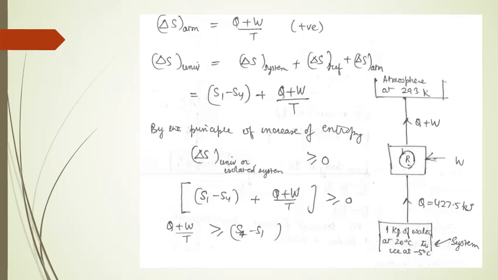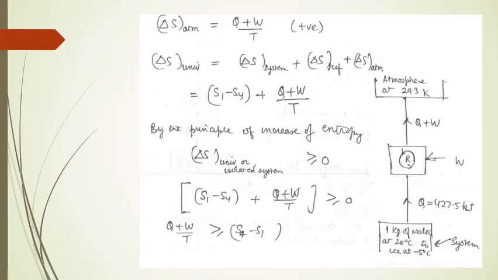So the entropy change associated with the atmosphere, which is a thermal energy reservoir, is equal to Q plus W upon T. Now the entropy change of the universe will be the summation of entropy change of the system plus entropy change of the refrigerator plus entropy change of the atmosphere. So that becomes S1 minus S4 plus Q plus W upon T. So by the principle of increase of entropy, the entropy change of the universe, or you can say isolated system, has to be positive.